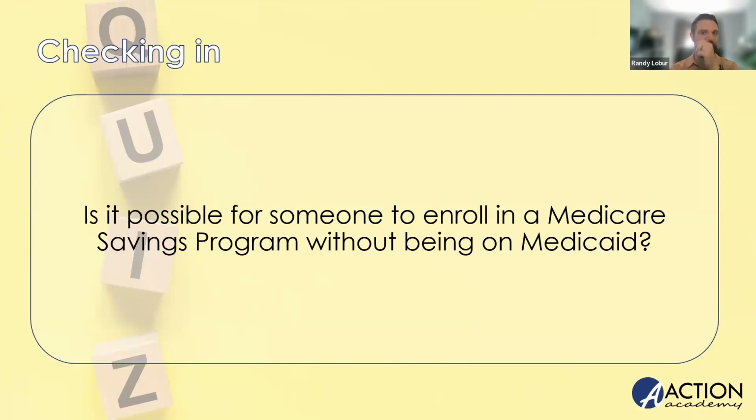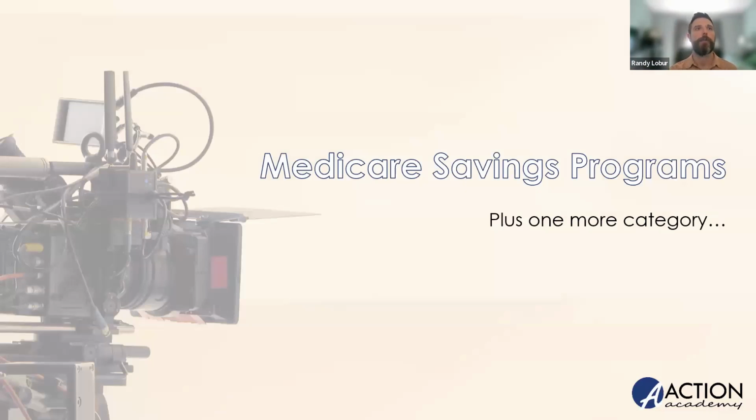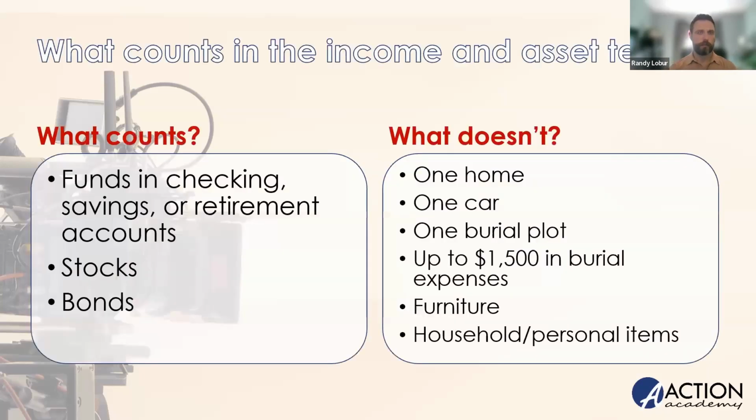Let's talk a bit about those Medicare savings programs, because they do help to shape eligibility for DSNPs going forward. So we will talk about the 4 Medicare savings programs plus the subdivisions of each, and add in one more category that can help us with DSNP eligibility as well.